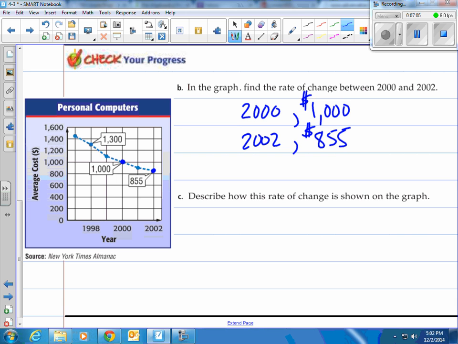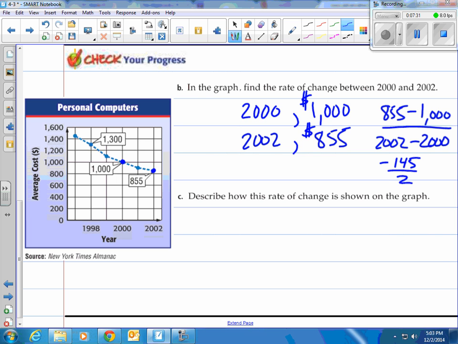So here's what we're going to do. We're going to take $855 and subtract 1,000. And then we're going to take 2002 and subtract 2,000. When we do that, on the top, you can see we're going to get negative 145 all over 2.